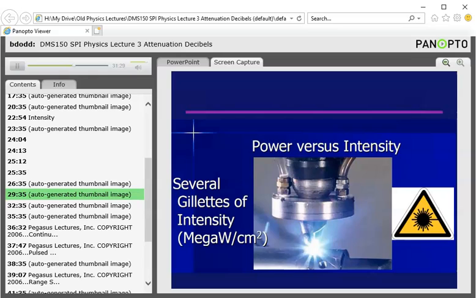Well, if instead of using intensity in here, they use watts or power, they say, what is the decibel change or the attenuation when the power has changed by so much? Well, it's a little different because intensity is proportional to the amplitude squared, but the power, you have to square this in order to, if you put power in here, I'm putting in P's for power, then I have to square this, okay?